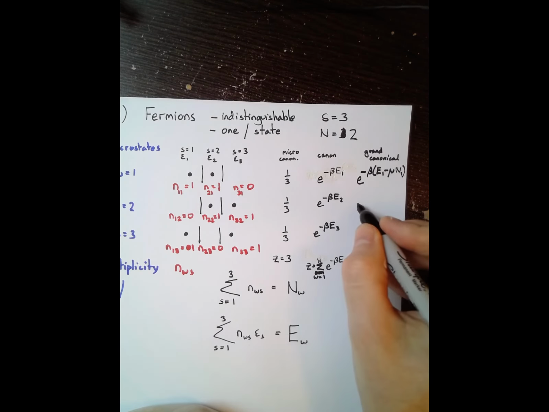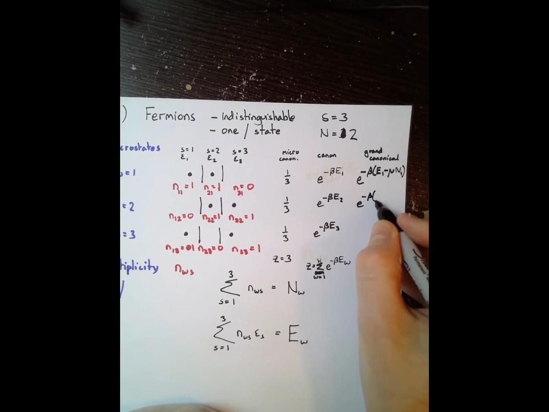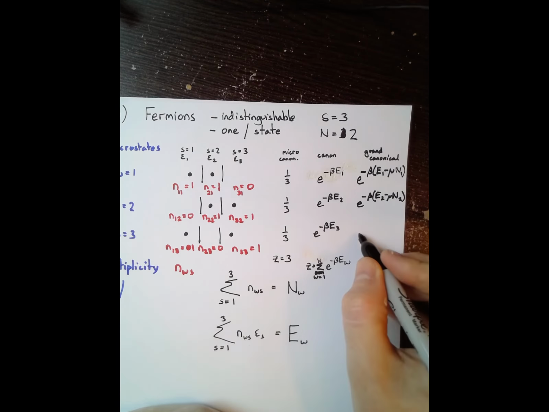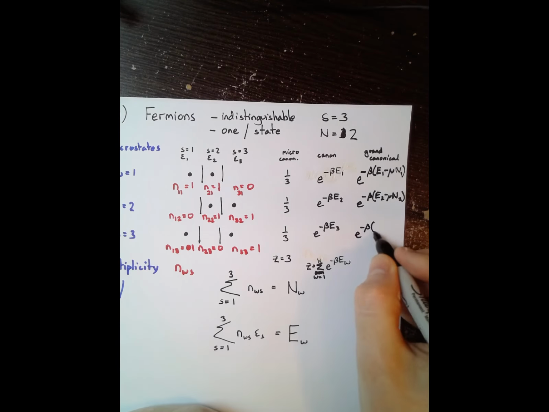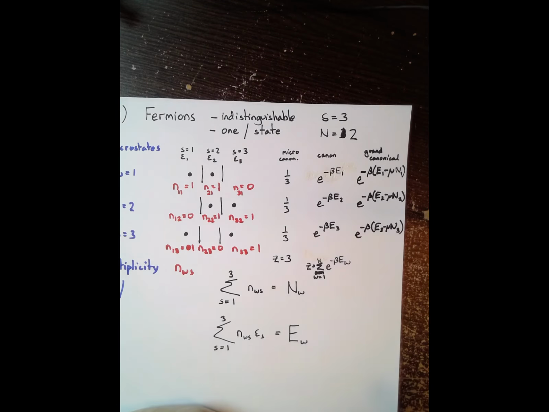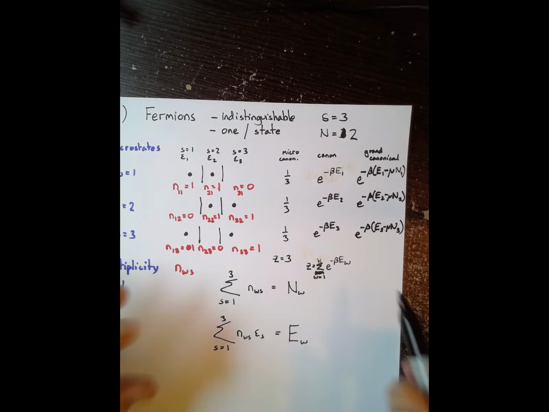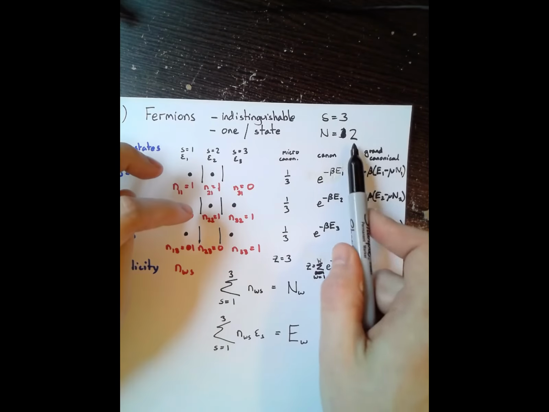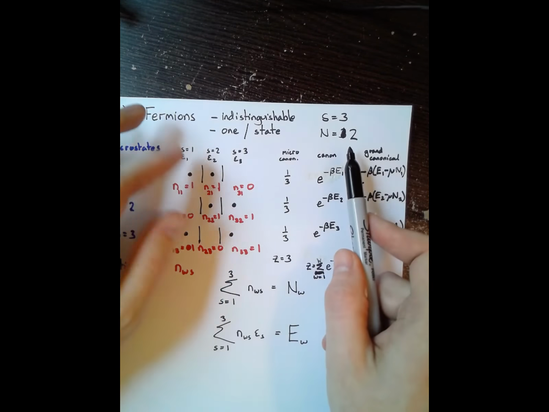And this is e to the minus beta E2 minus mu N2, e to the minus beta E3 minus mu N3.